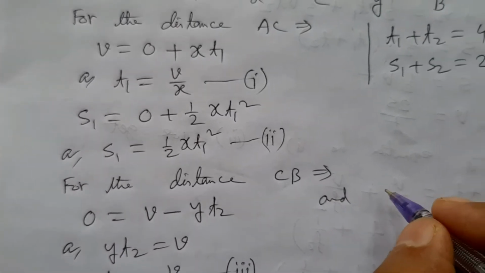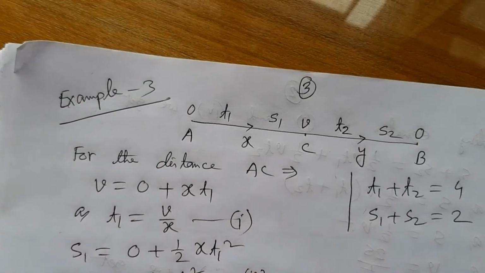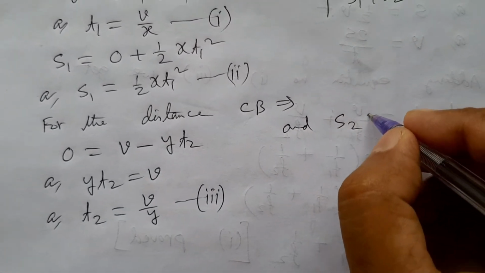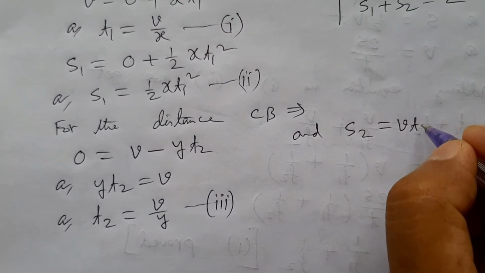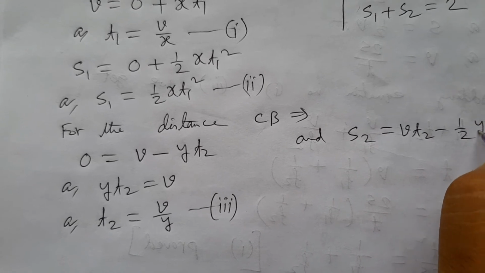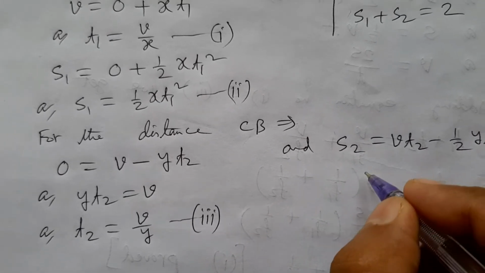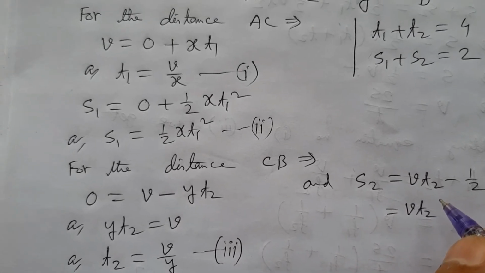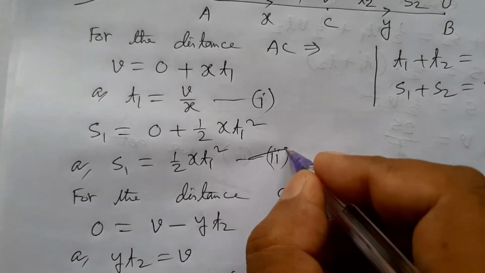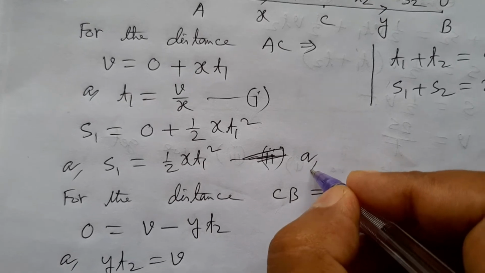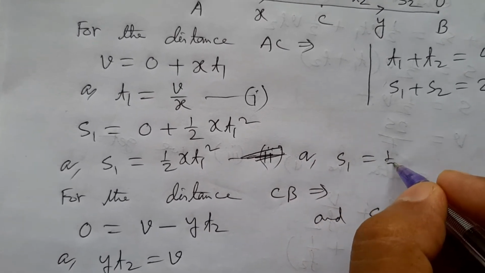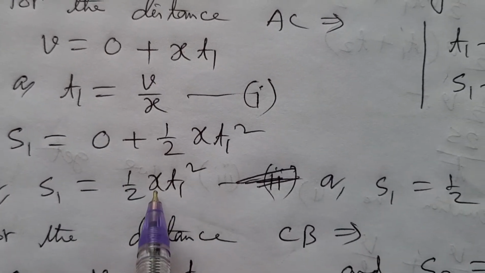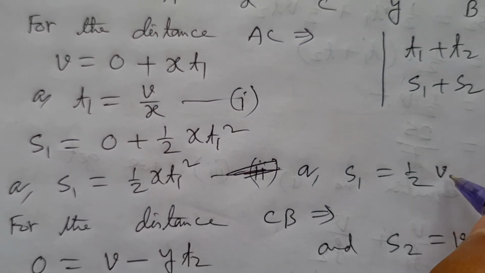And the second formula, S, here S means S2. S is equal to ut, that means v t2 minus half of y t2 square. In a similar way, s1 is equal to half of x t1, and x t1 means v, so we can write half of v t1.